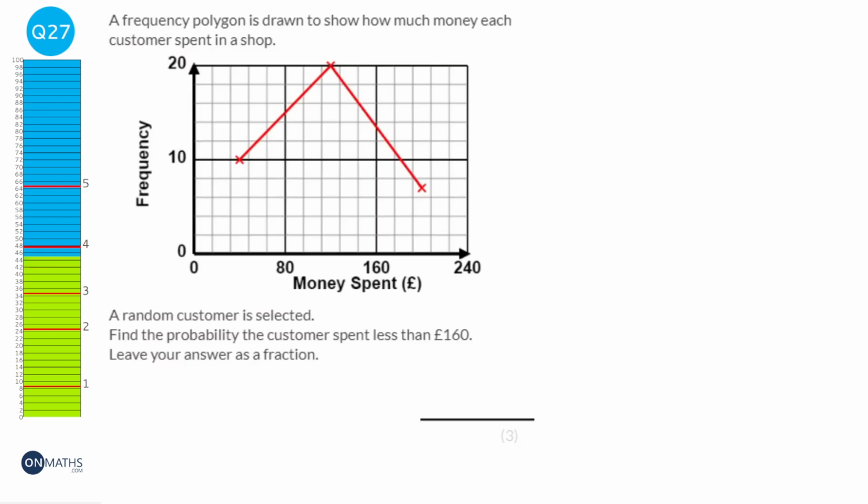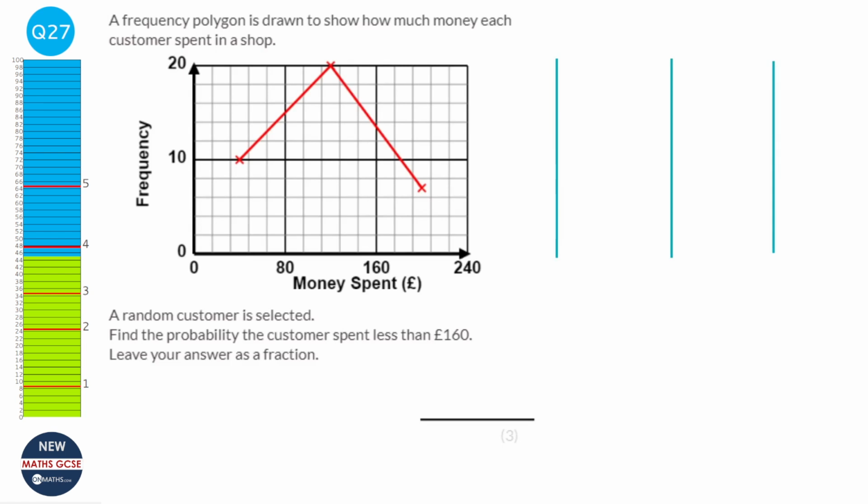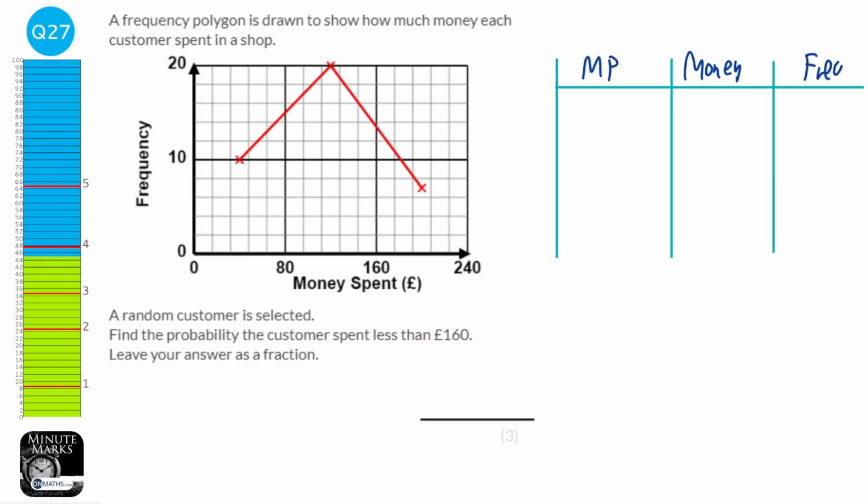So for this frequency polygon, what we've got to do is work backwards to work out what the table was that created it. So we're going to draw a starting of a table. We're going to have our midpoint first, then our money spent intervals, and then our frequency.